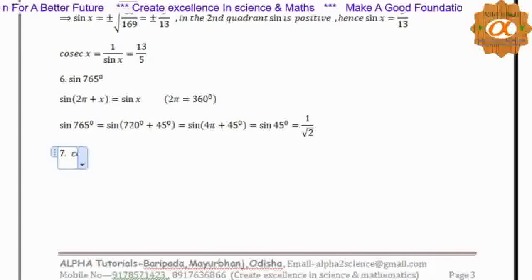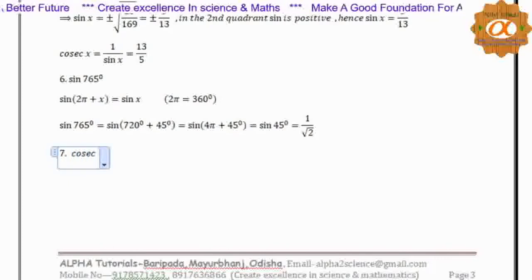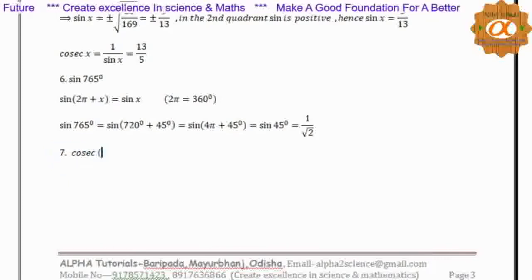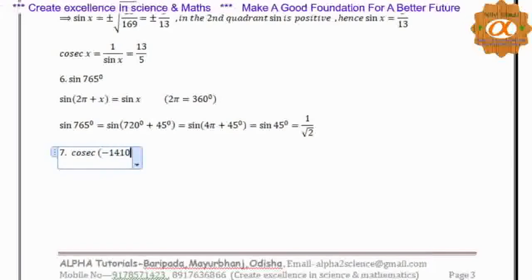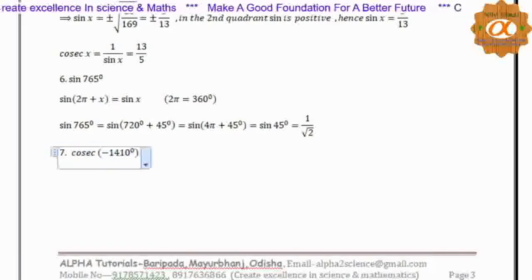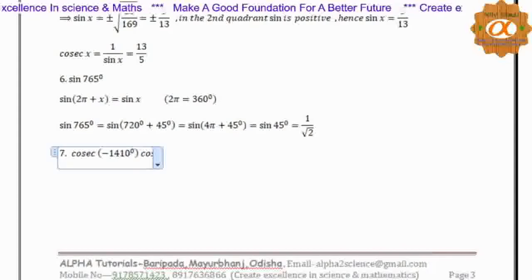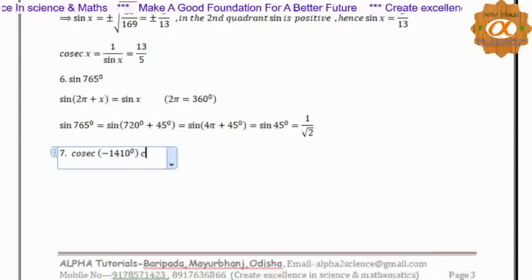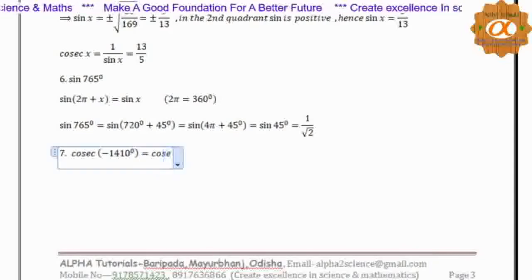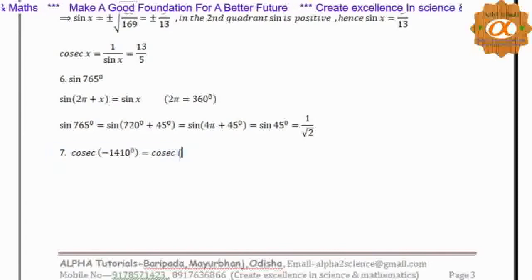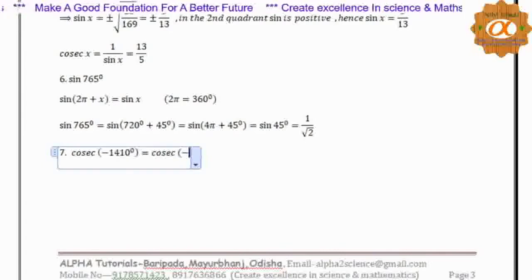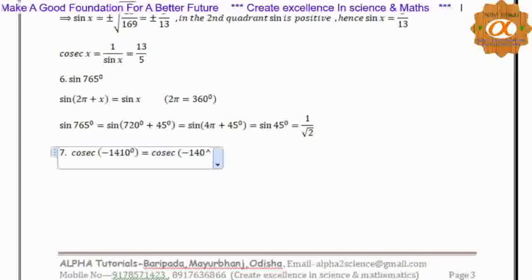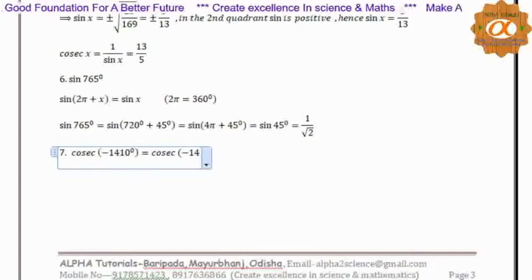Question number 7 is given as cosec minus 1410 degree. Similarly, I can write it as cosec minus 1410 degree, because it also repeats after every 360 degree. So I can add 360, 720, 1080 or 1440.